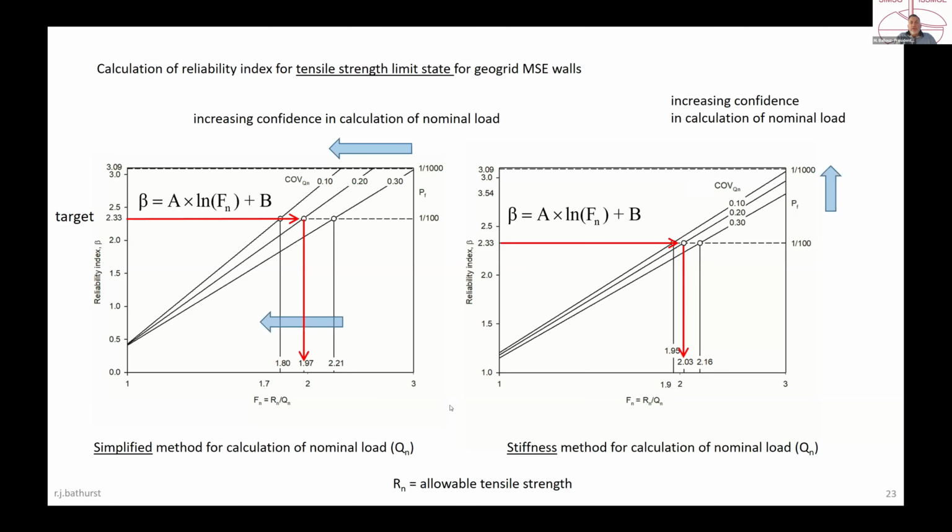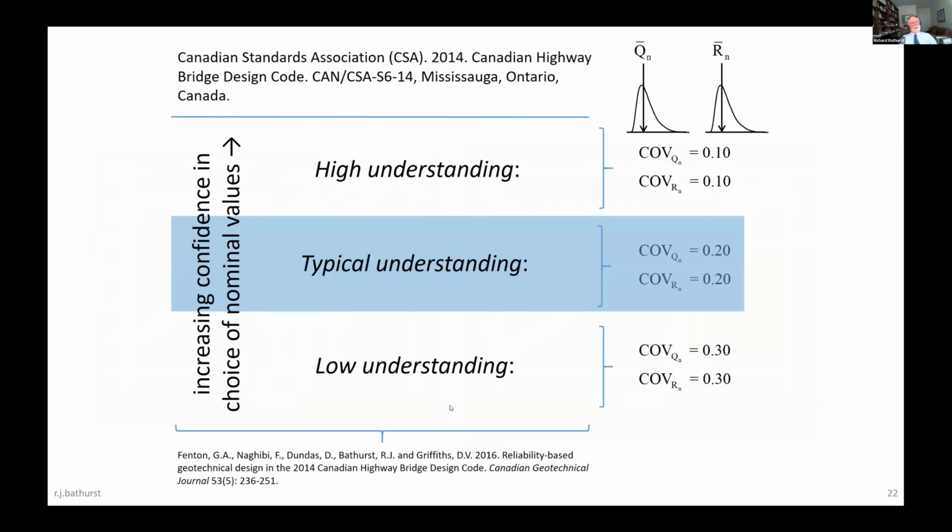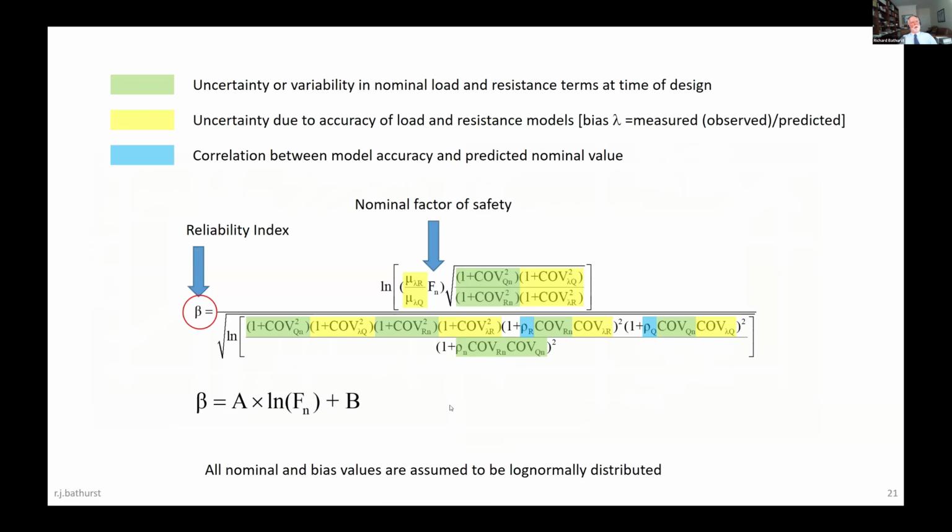And the COVs, do you get them from analyzing the data, reports, all that, or how do you get the COVs? Well, the COVs for model accuracy, for example, all of that data is available. We have collected measurements from full-scale walls, from laboratory tests, etc., so that we have all of the statistical characteristics for model accuracy for all types of walls and materials.